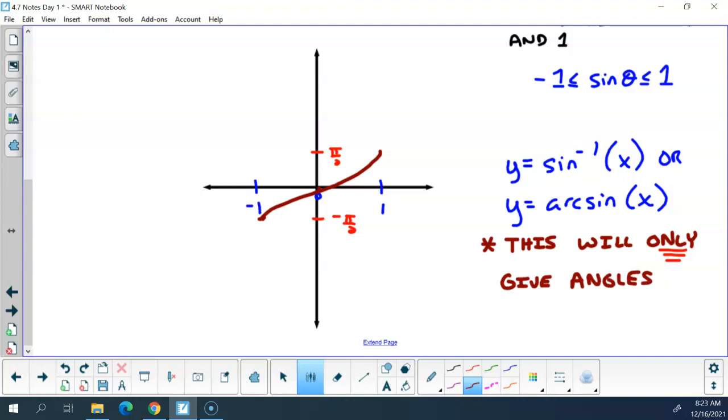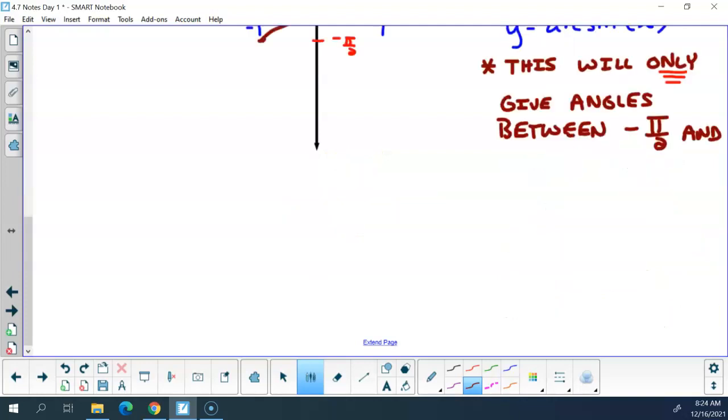Okay? We're inputting a number, we're getting out an angle. This will only give angles between negative pi over 2 and positive pi over 2.